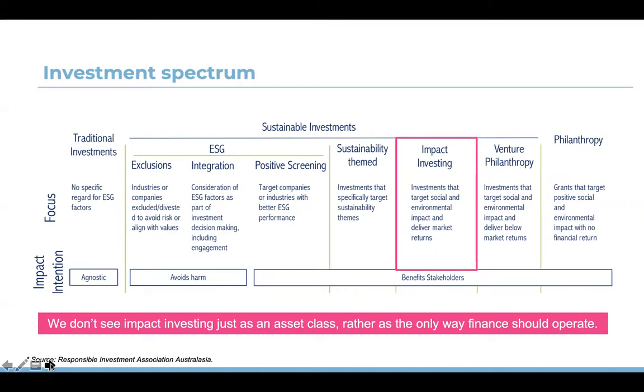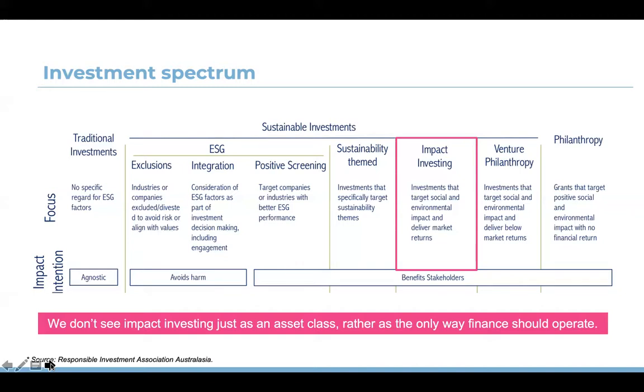Next is sustainability themed investing, where you have investment funds which are targeting specific sustainability themes, like water, energy, resources, etc. And then impact investing, which is, in my personal opinion, at the core of how finance should really operate, and we defined it before.